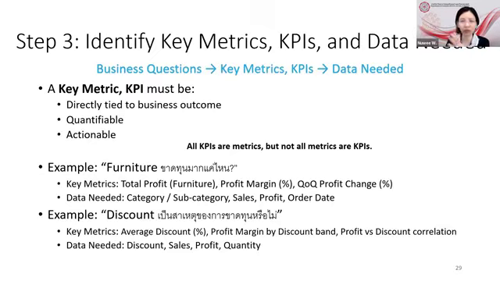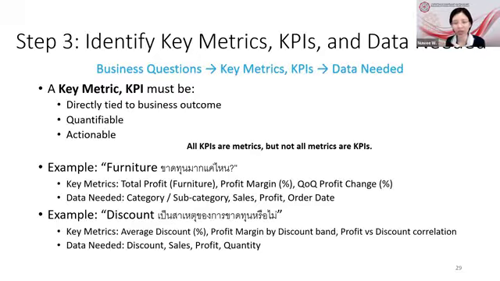So what's the difference between metrics and KPIs? All KPIs are metrics, but not all metrics are KPIs. For example, let's say you sell furniture and your business question is: how much did we lose in furniture selling?